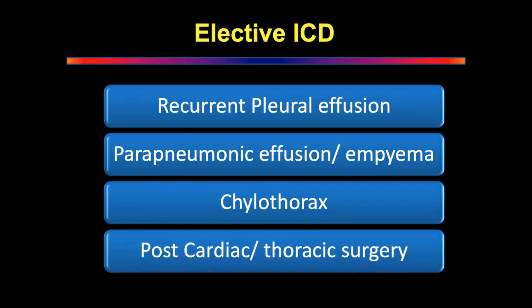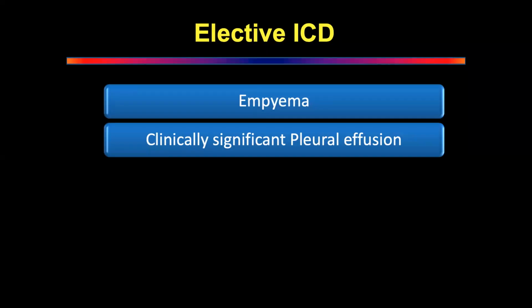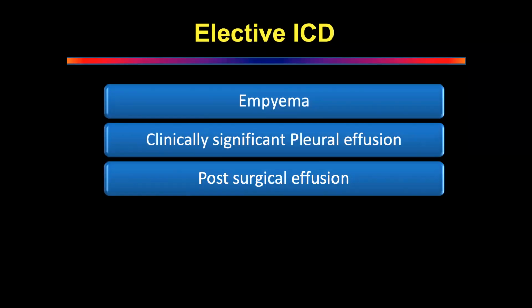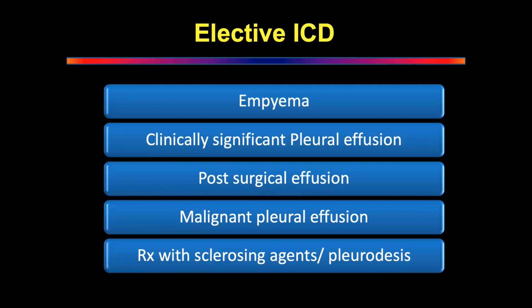see is everything coming out really fast. So now I'm going to go back and somebody's going to tell me all of it, bang, bang, bang, bang. That's the way you have to practice. Come on, Vivek, you can still take it. Yes, sir. Clinically significant pleural effusion, empyema, then post-surgical drains and post-surgical effusion, malignant pleural effusion, and pleurodesis.